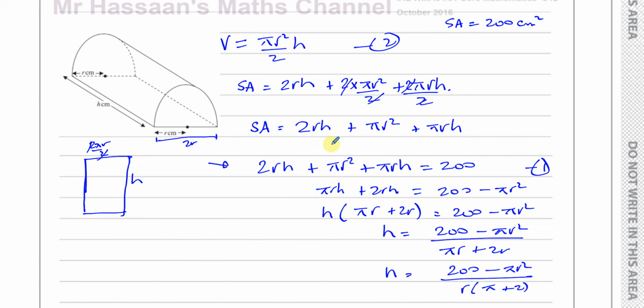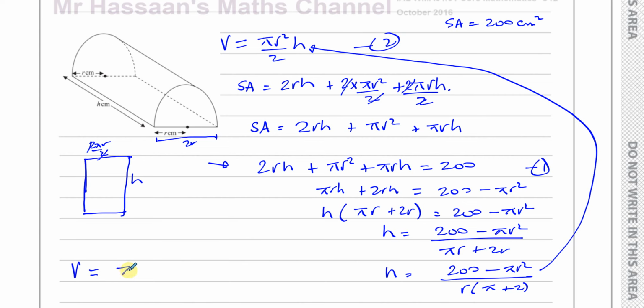Now I need to eliminate h from this equation, so I can take this and put it instead of this h over here. So v is equal to pi r squared over 2 multiplied by 200 minus pi r squared over r times pi plus 2.